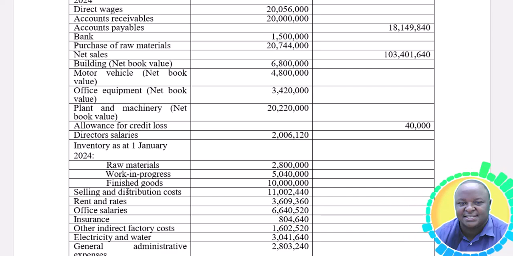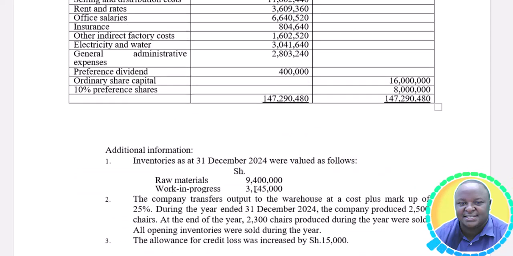In the cost of raw materials, we are going to start with the opening inventory or opening stock. According to the trial balance, we have been given inventory as at 1st January 2024. The opening stock for raw materials is 2,800,000.